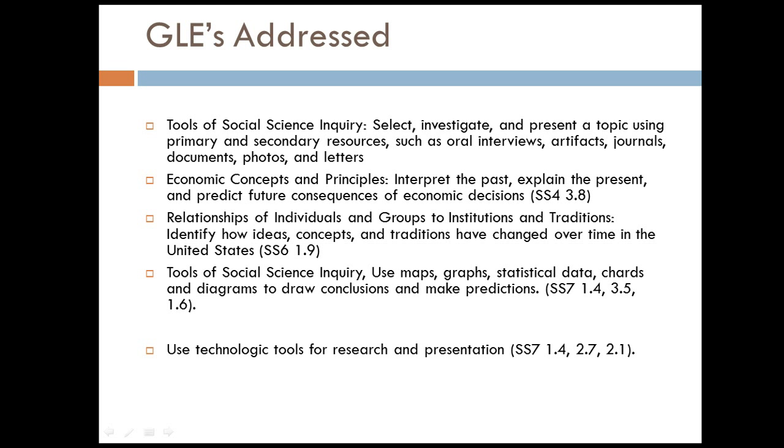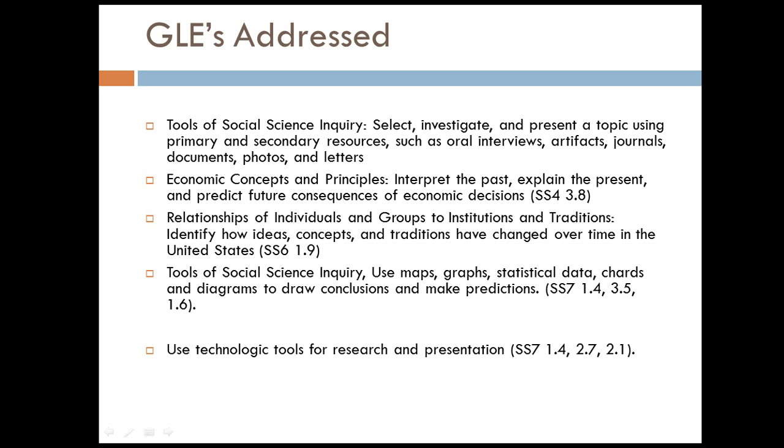The grade level expectations that are addressed include tools of social science inquiry, select, investigate, and present a topic using primary and secondary resources such as oral interviews, artifacts, journals, documents, photos, and letters, economic concepts and principles, interpret the past, explain the present, and predict future consequences of economic decisions.